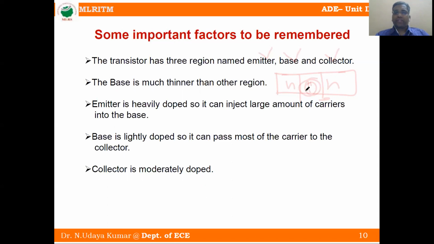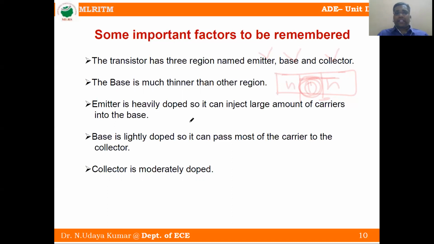That's why the base is thin, so that only a small number of holes are available. For example, out of 100%, 5% of electrons recombine with holes here, and the remaining 95% cross the second junction and are collected by the collector.